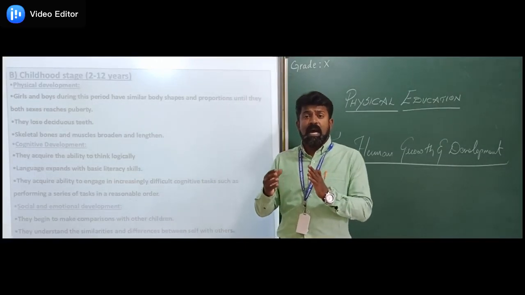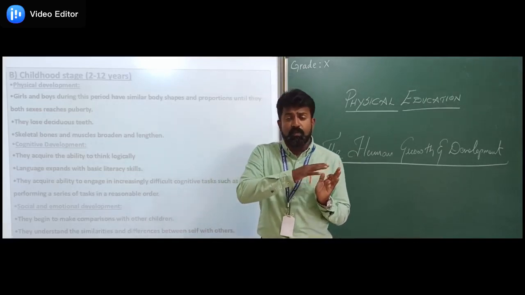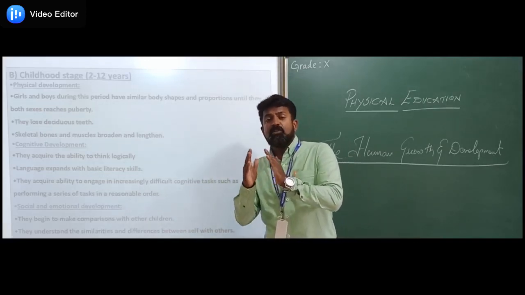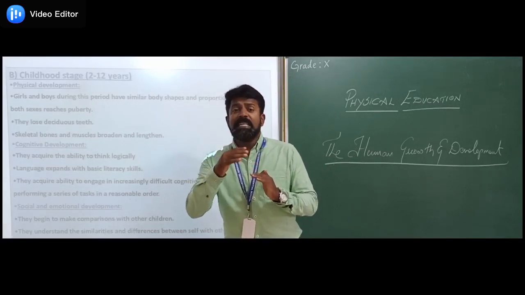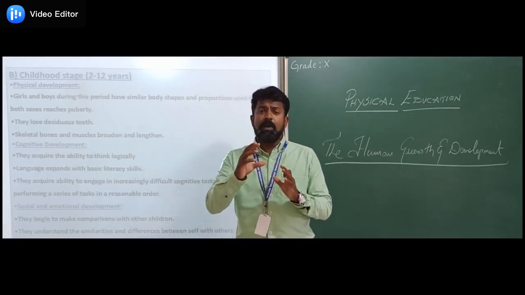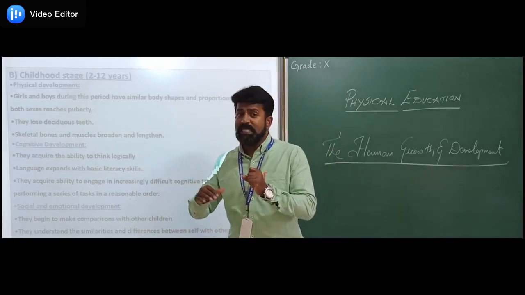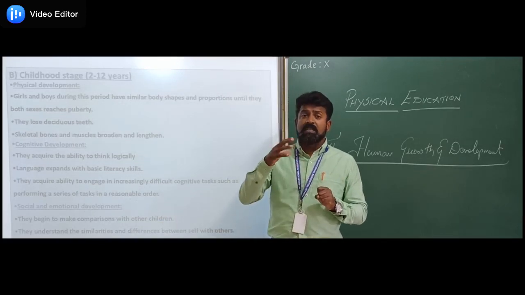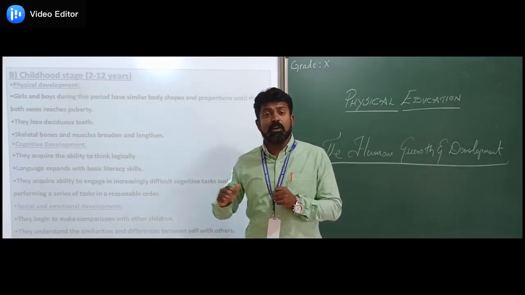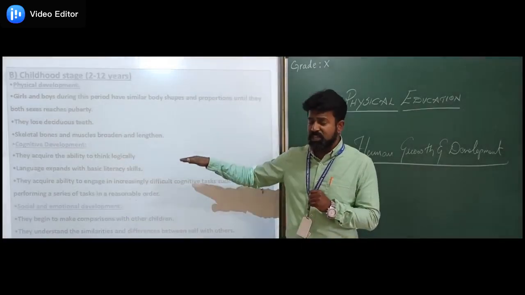The heart should not get the pressure of the complete blood. Turn towards the right and get up, because the heart will not be working with much intensity, since the pumping of blood is less when you are resting. So that is the logic. In this stage, a child or an individual will start thinking logically. That is the cognitive development and the most important ability of a child in this stage.